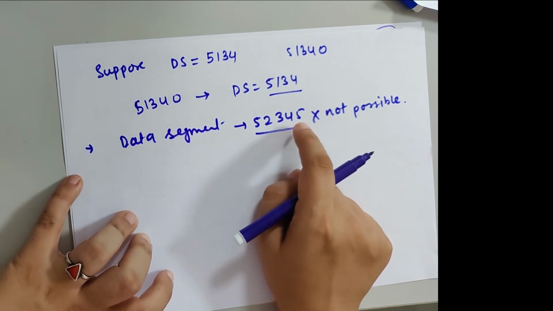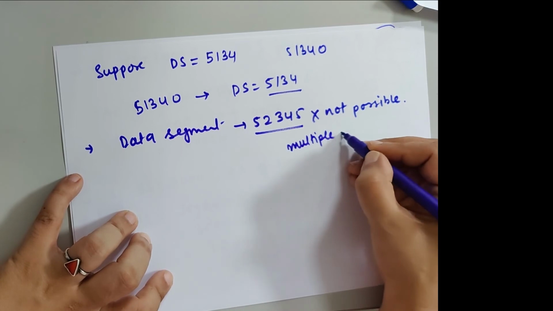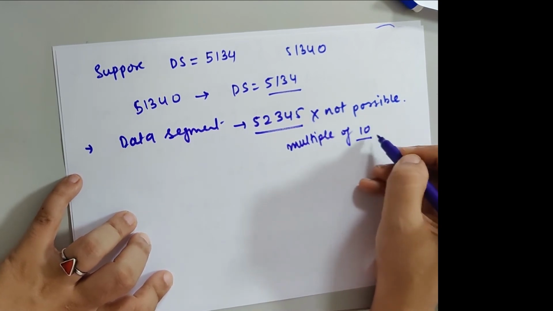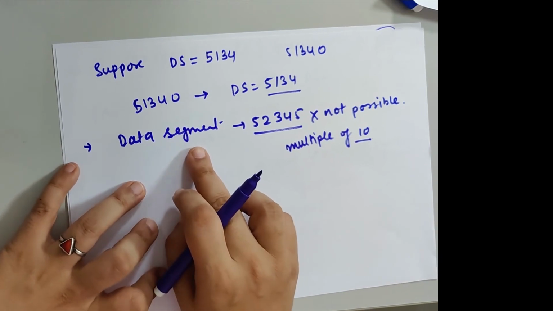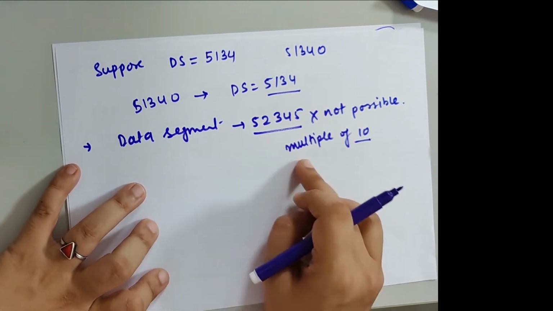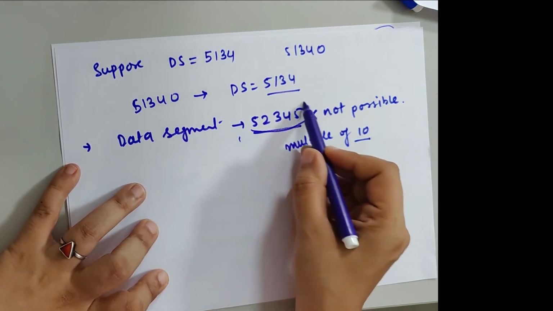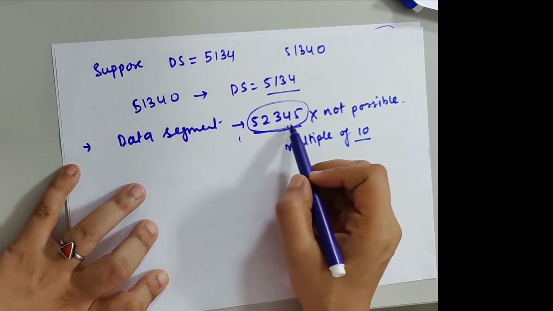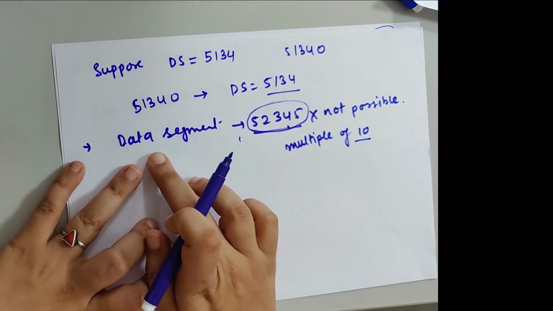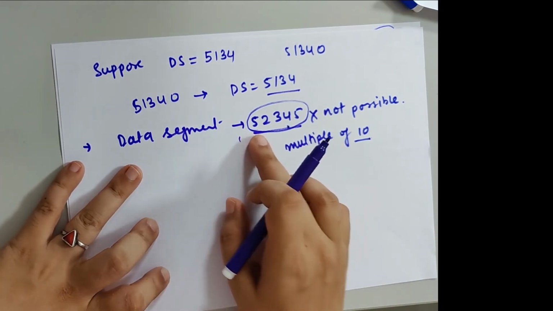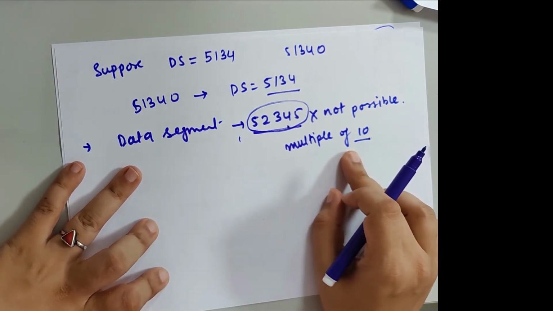The starting address should always be a multiple of 10. Any segment can begin at a location which is a multiple of 10. So if you want your segment to begin at this location, that is not possible here. In 8086, the rule you have to follow is that a segment should begin at a location which is a multiple of 10.